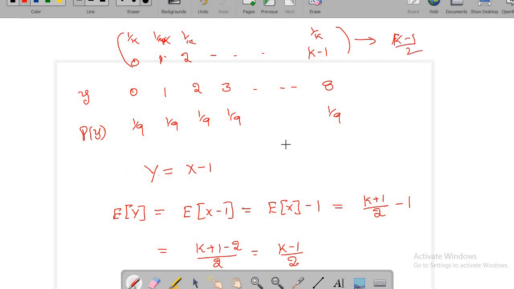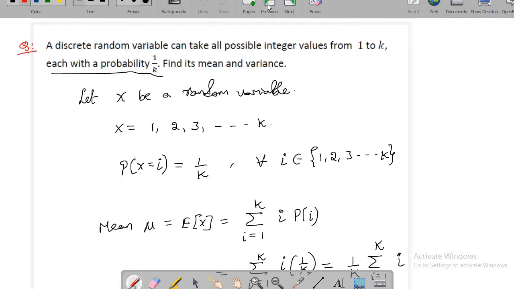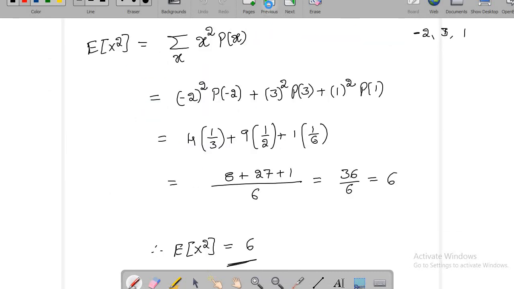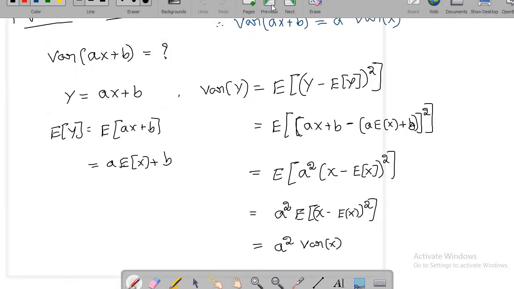Similarly, you can think about the variance. The variance of y is actually the variance of x minus 1. But we know the formula for variance of ax plus b. I hope we have done it earlier.